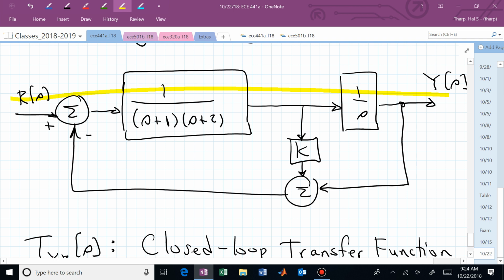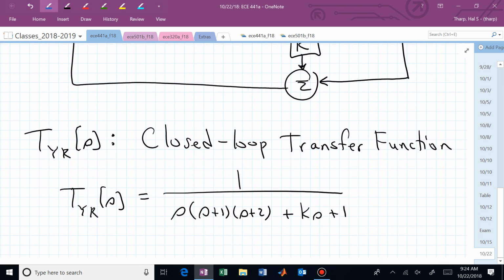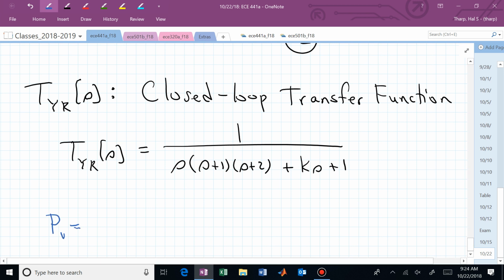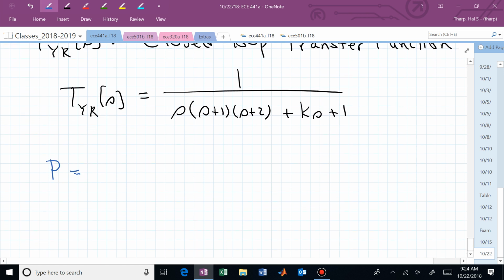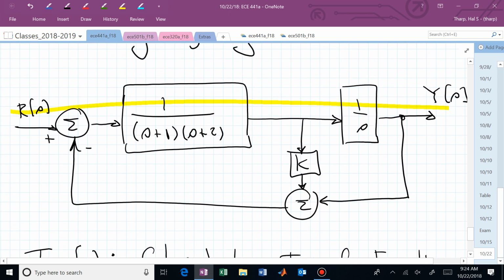There's our path from R to Y. So now P1, if we wanted to find that closed loop transfer function using Mason's gain, is 1 over S, S plus 1, S plus 2. Do we have any other paths from R to Y in this configuration? Sometimes you have to be a little bit careful trying to find those, but in this case we do not have any more paths from R to Y.